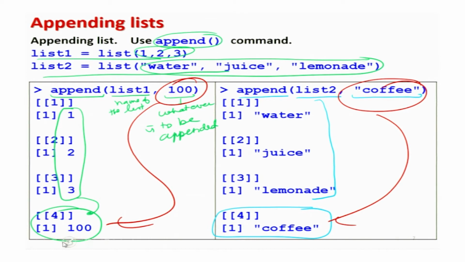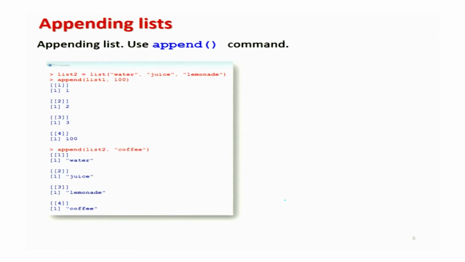Suppose you want to add this 100 somewhere here, or coffee somewhere here, then how do you get it done? This is the screenshot of the same operation. You can see that once you add 100, it comes here and coffee comes here.